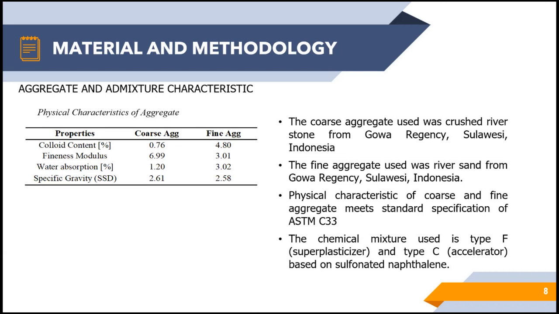The physical characteristics of the coarse and fine aggregate meet the standard specification of ASTM C33. In this experiment, we use chemical admixtures: type F or superplasticizer and type C or accelerator, based on sulfonate naphthalene.